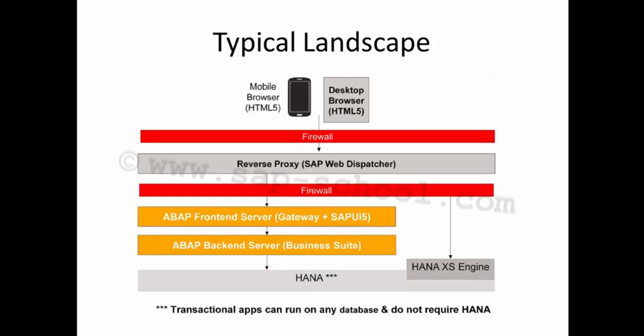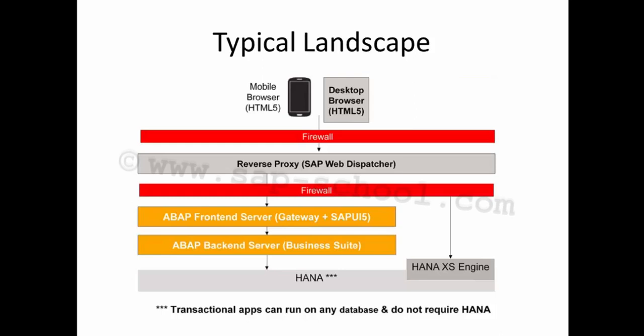Then we can use it for web caching, that is we can use the SAP Web Dispatcher as a web cache to improve the response times and to conserve the application server cache. Then depending on the SSL configuration, we can forward, terminate, or encrypt and re-encrypt the request.